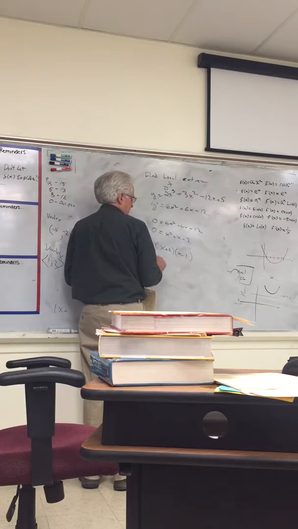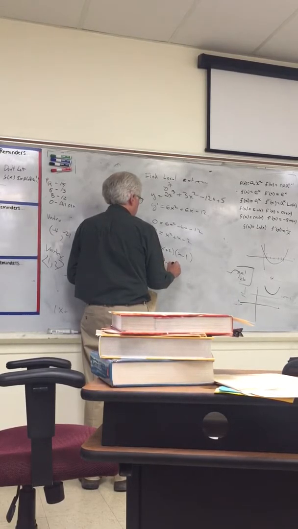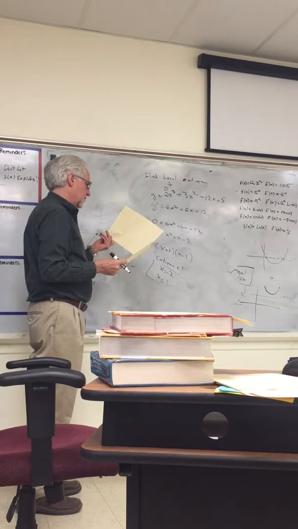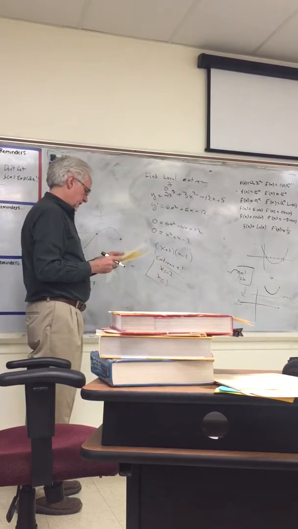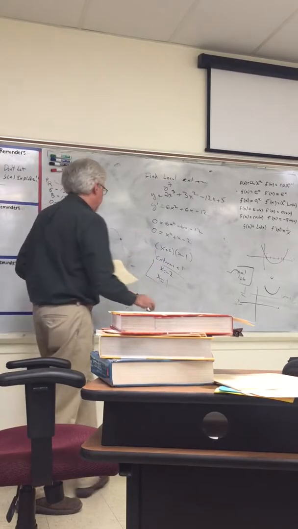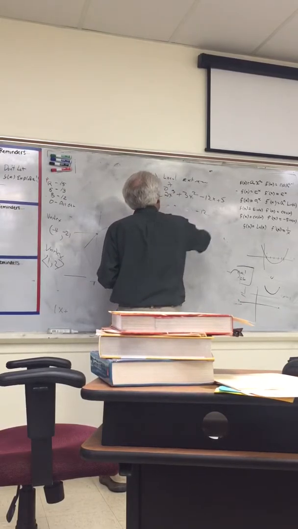And then I've got an extrema at x equals negative 2 and at x equals 1. I know they're extrema, but I'd probably have to graph it to see. Okay, let's do another one.